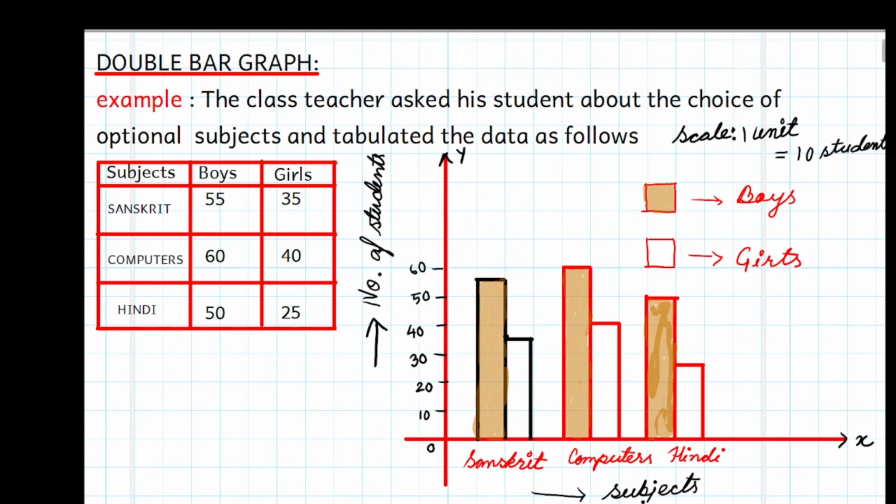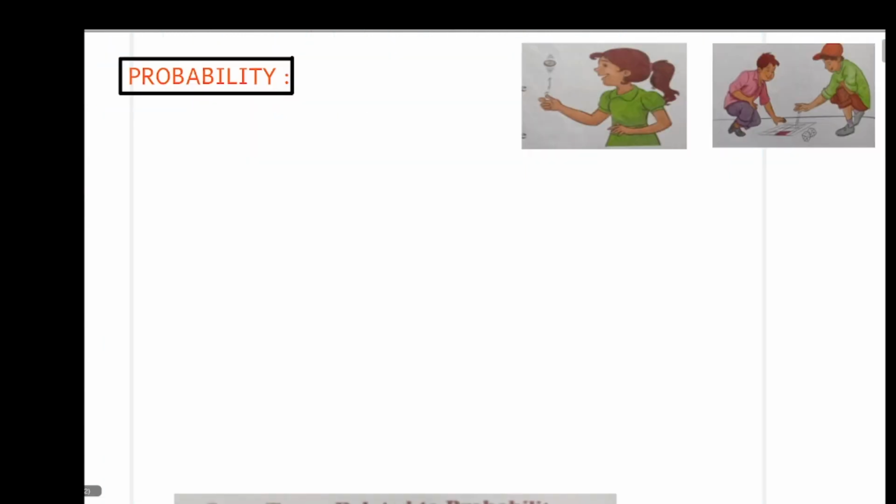Okay, next it is probability. This is the last topic of this chapter. Now what is probability? Simply you can say probability basically means chances. Suppose it's likely to rain today, so it may come or it may not.